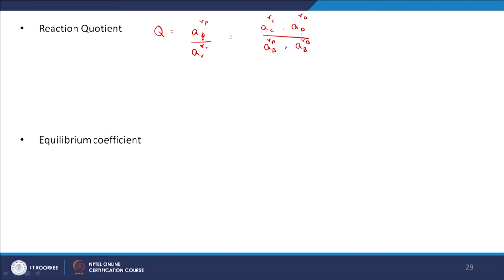Thus this is called the reaction coefficient. It's sometimes also called the ion activity product. People use them both as often as each other.